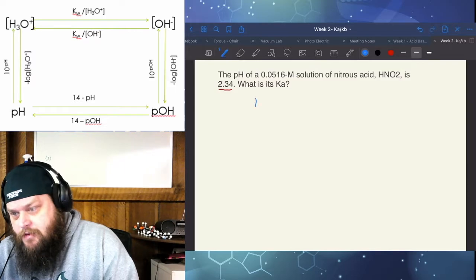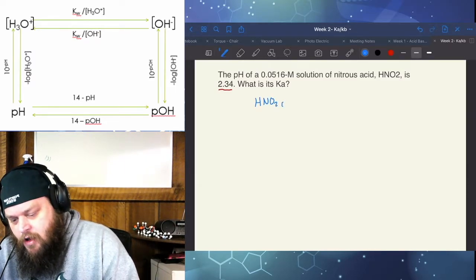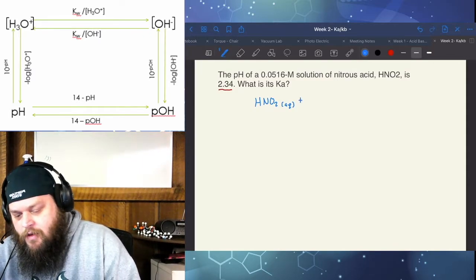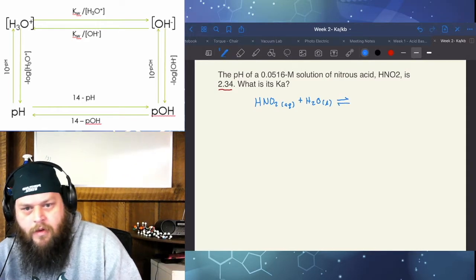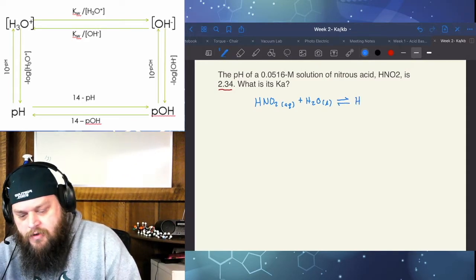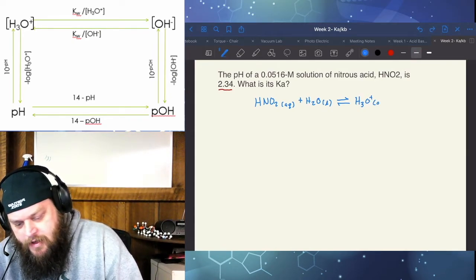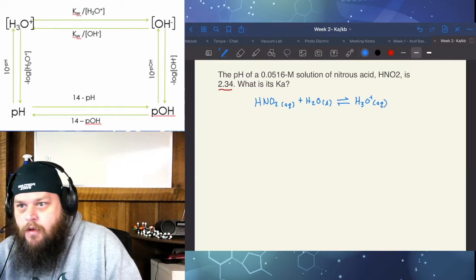This is HNO2, and it's aqueous, which means it's just floating in water, dissociating. And we have H2O, which is a liquid. It's going to be in equilibrium with H3O plus, which is aqueous.